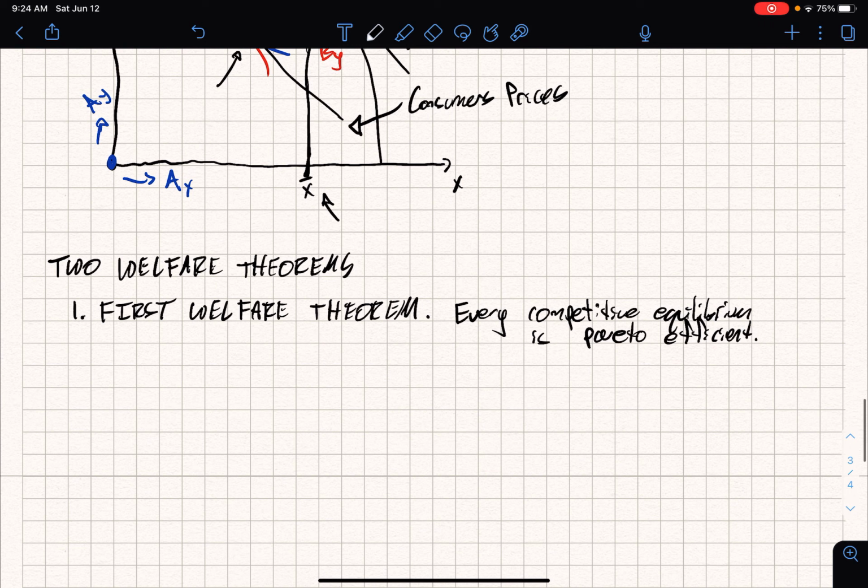And the second welfare theorem. I can't write.